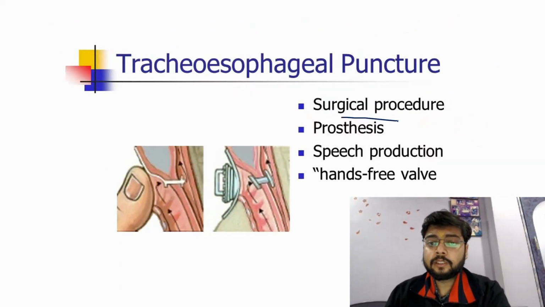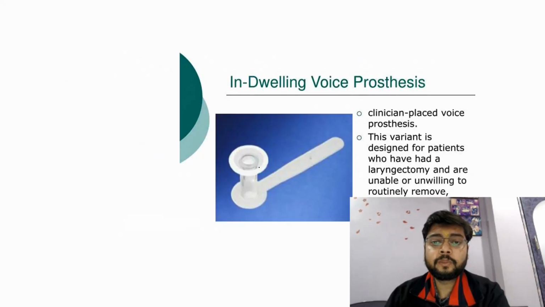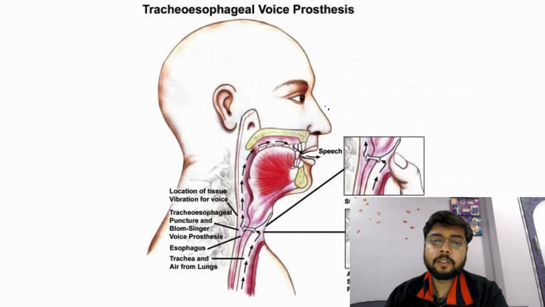So it's a surgical procedure. Speech production is, you have to put the finger and then the patient will be able to produce voice. The prosthesis, voice prosthesis, is called Blom-Singer's prosthesis. Blom-Singer's prosthesis, right?